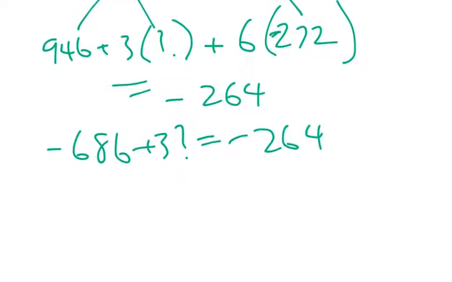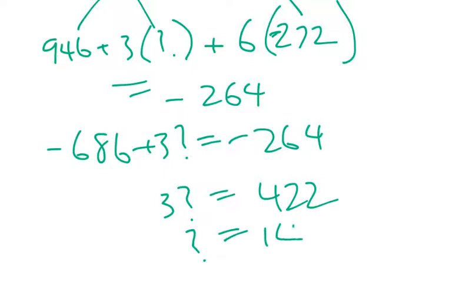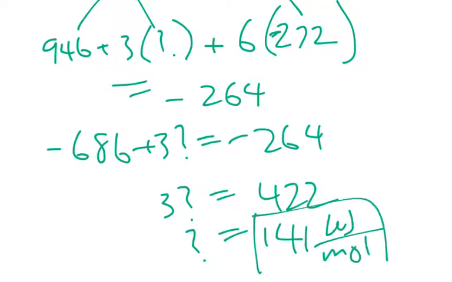Now moving things around, negative 264 plus 686, we get that 3 question mark is equal to 422, and divide everything by 3, and we get that the question mark is equal to 141 kilojoules per mole, and this is equal to the bond enthalpy for the FF single bond. So that would be your official answer.